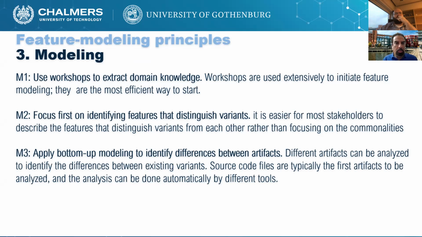This is a nice point also, because when you're trying to exercise your variability options when you develop your product line, it says do not look at the commonality, because commonalities are a lot. It's better to look at variability, where there are different features and different characteristics to follow.